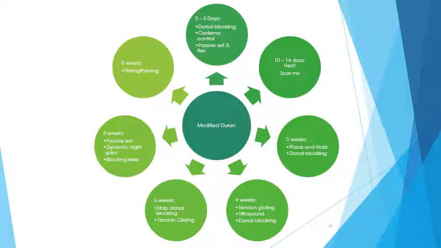At 6 weeks, passive extension can be started, where a dynamic night splint can be applied to improve the limited range of motion. Here also blocking exercises can be commenced. Blocking of the DIPJ, where you block the finger except the DIPJ, then you do flexion.